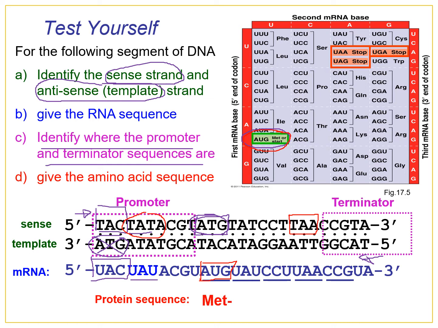Then I look up UAU on the genetic code, and that is tyrosine, TYR, that is the abbreviation. CCU is proline, and UAA is the stop codon. So that is my protein sequence. Very, very short protein, just 3 amino acids long, and that is how you do this question.